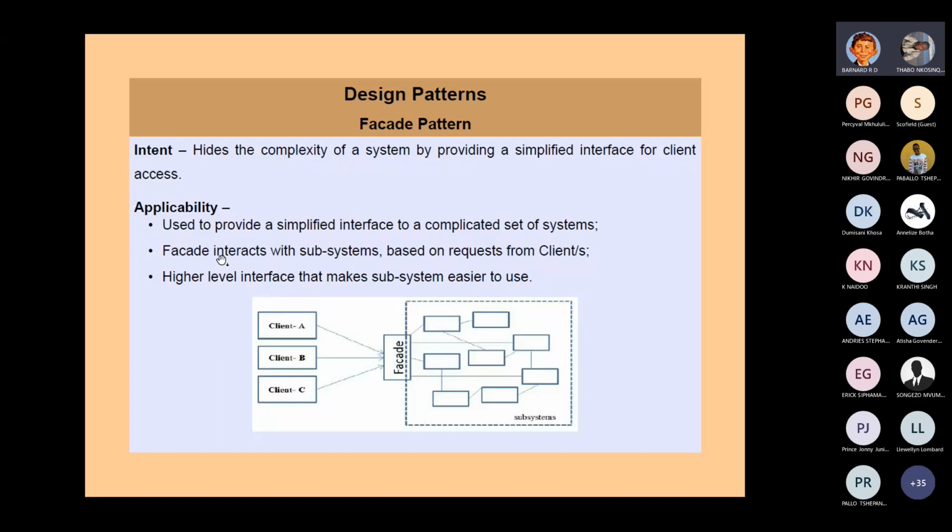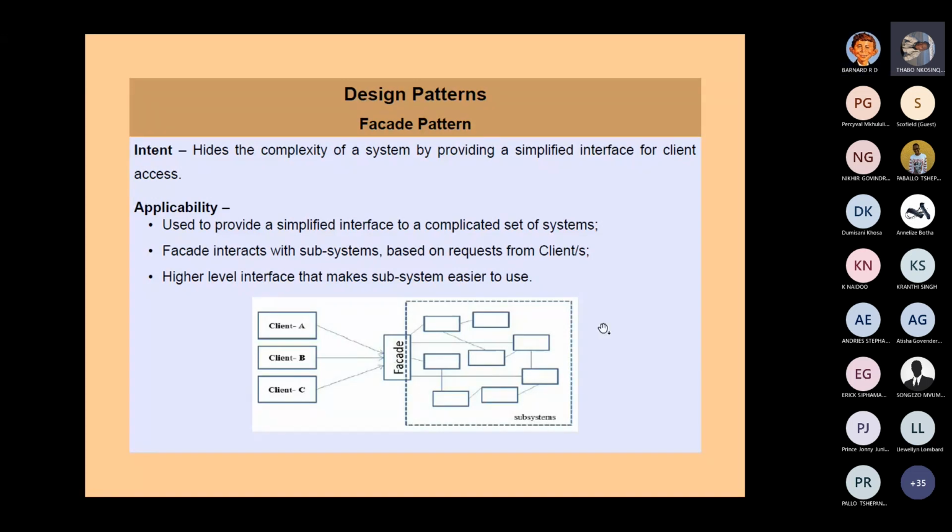So the applicability is that it's used to provide a simplified interface to a complicated set of systems. The facade interacts with the subsystems based on requests from the clients, and provides a high-level interface that makes subsystems easy to use. So basically what the facade does is it hides all the complexity away from the user and handles that for you. The clients only have to deal with a simplified facade.